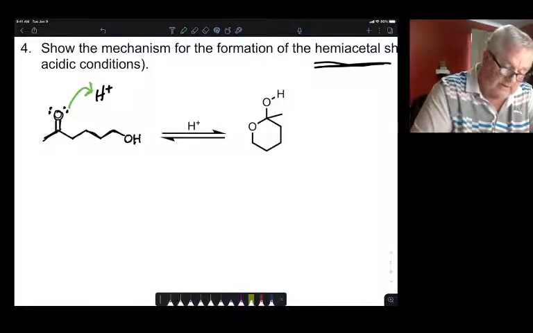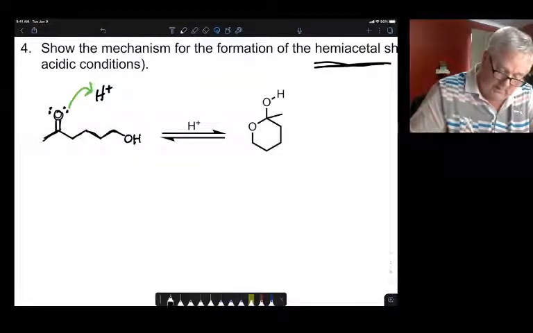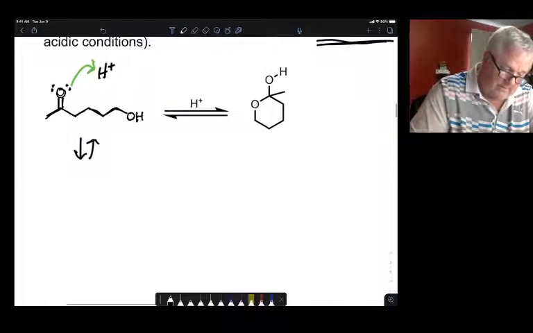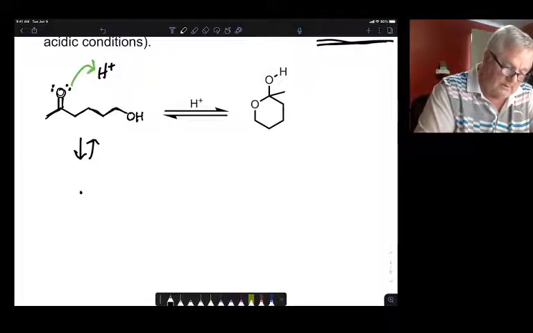Now I'm going to cheat, and I'm going to take this, copy it, and I'm going to move down here. Acid-base reactions are, of course, oops.